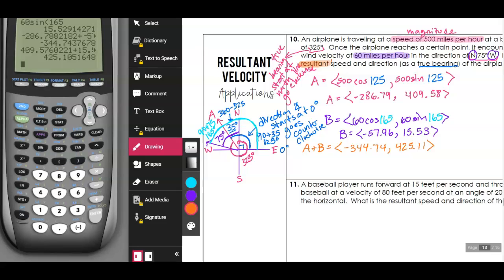Now that I know what my resultant velocity vector is, my addition vector there, I can find the speed and direction, knowing that speed is actually magnitude. So first I'm going to find the magnitude. We find magnitude of a component form by using the Pythagorean theorem. So it's going to be the A term squared plus the B term squared.